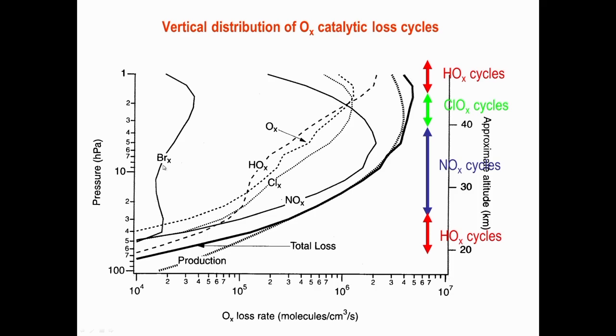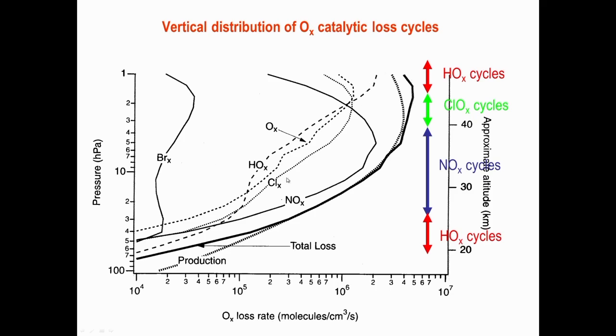Here's a BrOx cycle. So what do you think the BrOx cycle is? It's exactly the same as the ClOx cycle, but with bromine species instead of chlorine. Exactly the same. It's with the odd bromine, so you end up with bromine as the atomic species instead of chlorine.